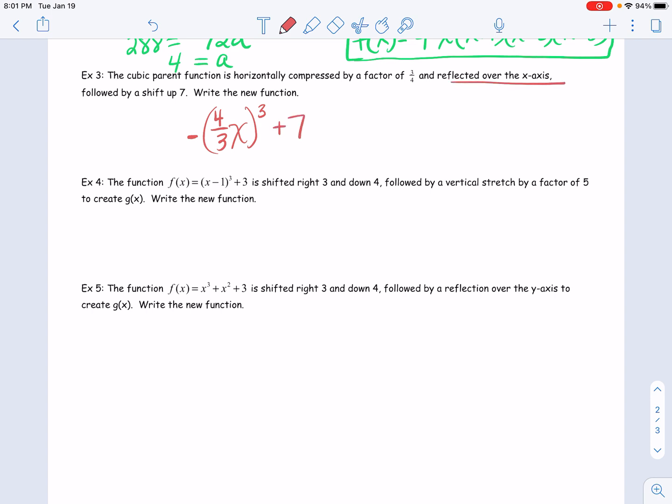If this and this were to have been flipped in the problem, going up 7 and then flipping, I'm now down 7. This negative wouldn't have been distributed here, but it was in the correct order. I reflected and then I went up 7. So this is exactly what I need to see. This is my new function.